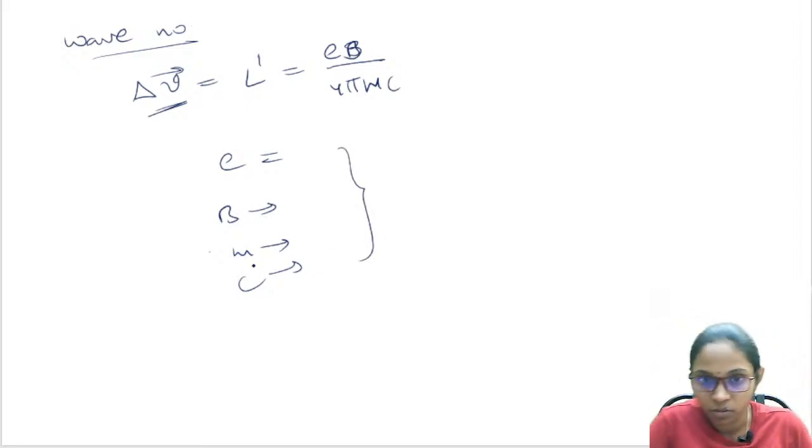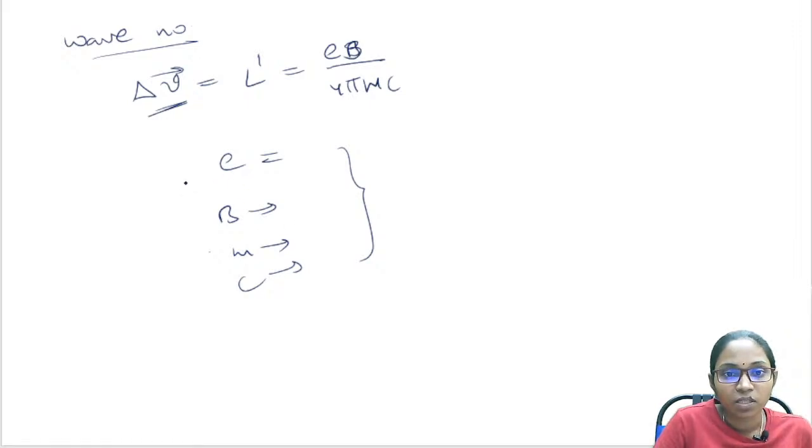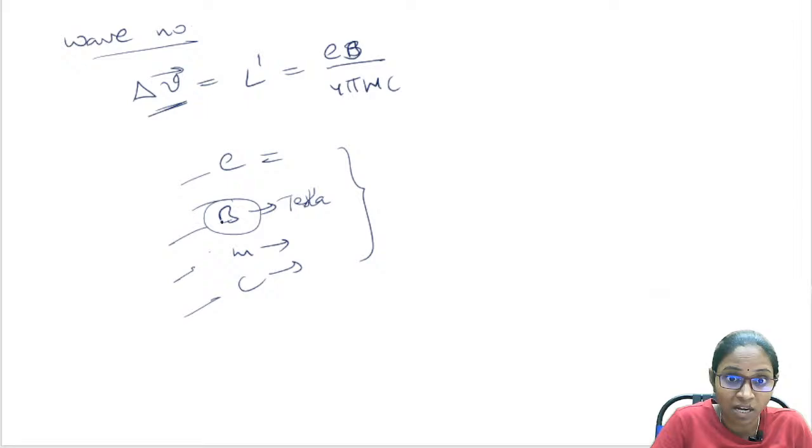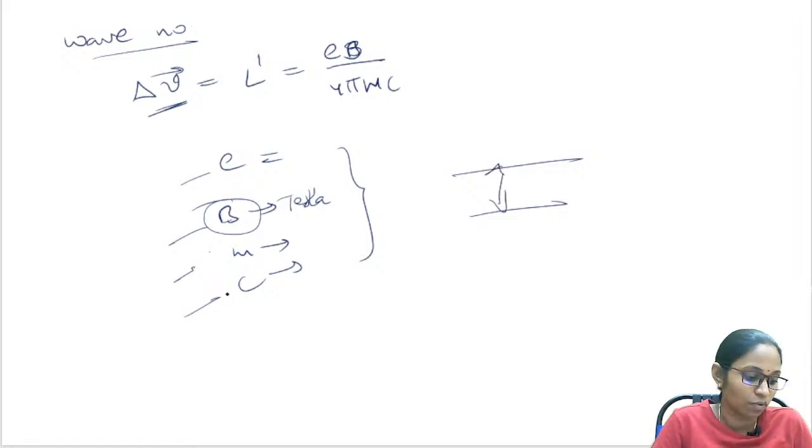Write the values of charge of electron and the magnetic field in Tesla, and m is the mass of the electron and c is the speed of light. In your examination, the question will be like that. They will provide the magnetic field value, and you have to substitute the remaining constants and find out the distance between two consecutive Zeeman levels.